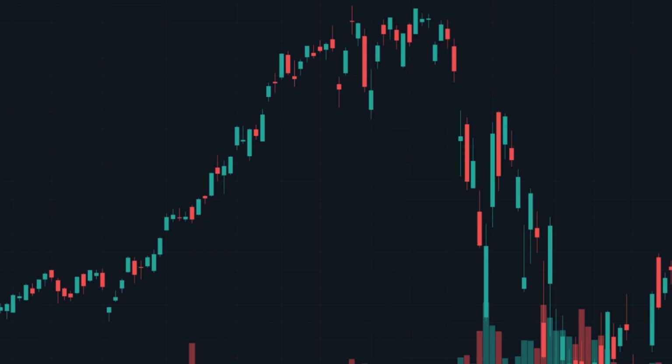In this example, I'm actually going to take a look at two Harami patterns. The first one appeared after a strong rally. This is Apple right here. And here we had a very strong upwards movement, but this bullish momentum ended with a bearish Harami pattern right here.